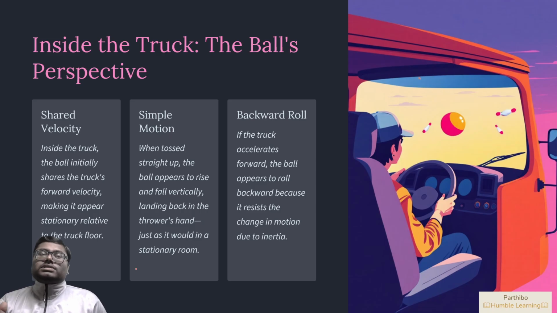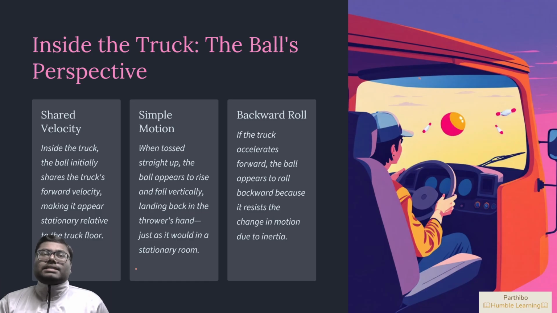When tossed straight up, the ball appears to rise and fall vertically, landing back in the thrower's hand, just as it would in a stationary room. So for the person inside the truck, there is no force, no motion actually acting there, and everything is happening just like whatever we do on land in a state of rest.